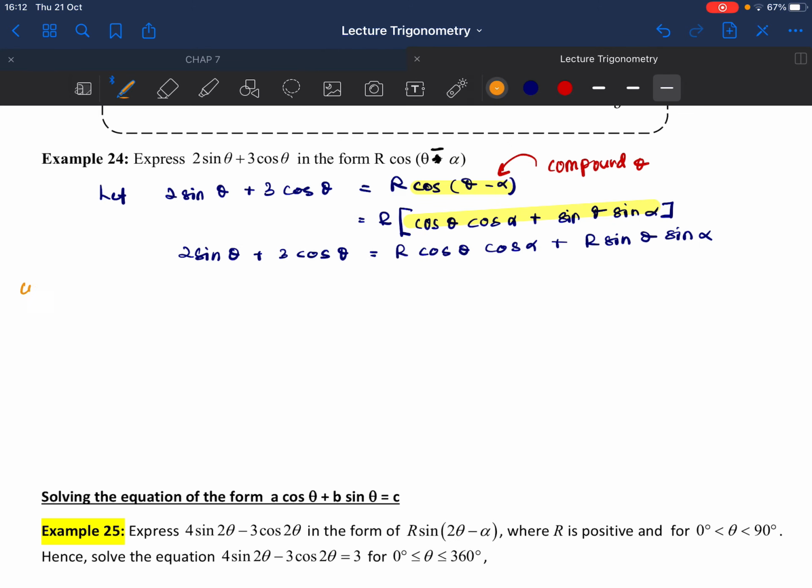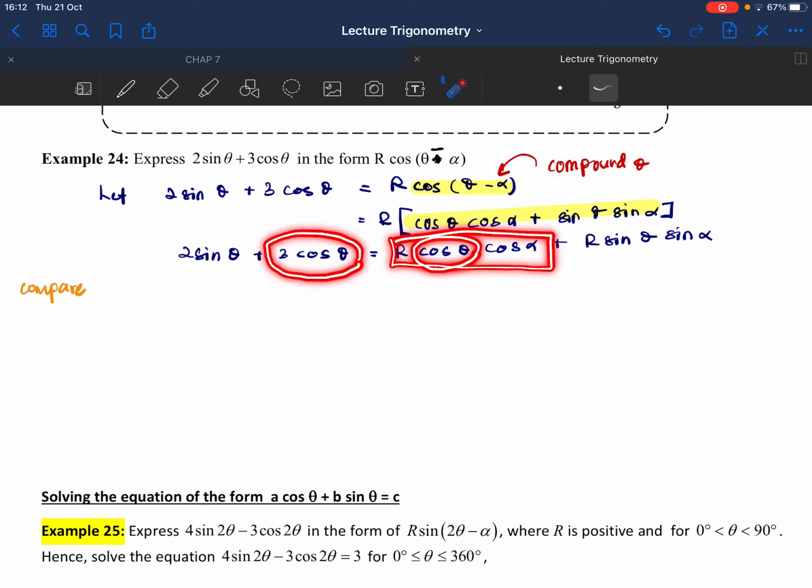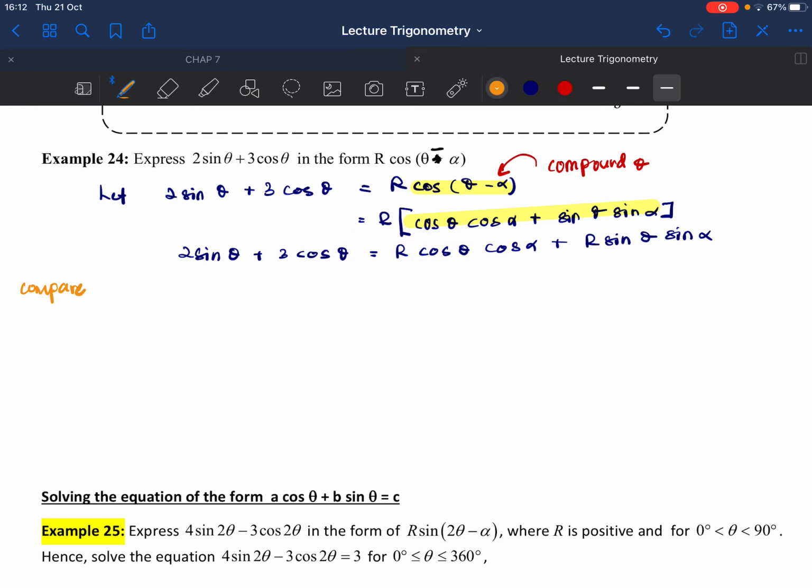Apa yang kita nak comparekan dekat sini? Kalau kamu nampak, kita ada R cos theta cos alpha. Nampak ada cos theta dekat sini, kita akan compare dengan cos theta dekat sini. Which means we are going to compare R cos theta cos alpha with 3 cos theta.